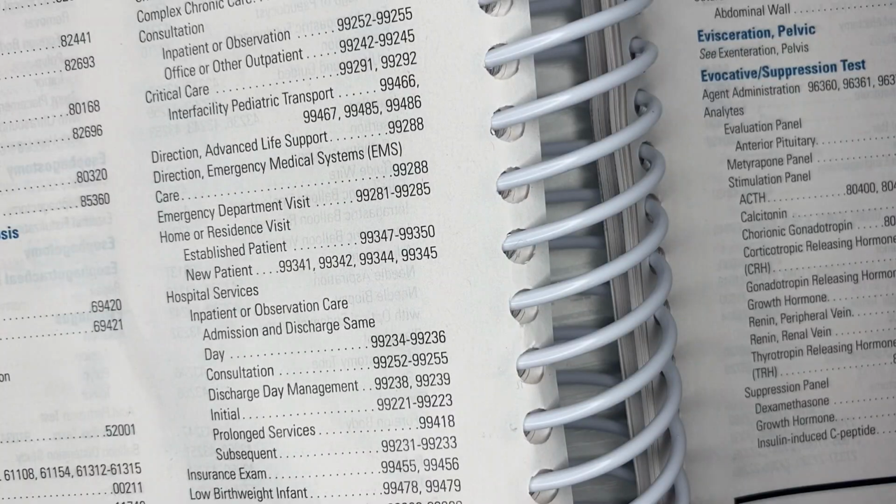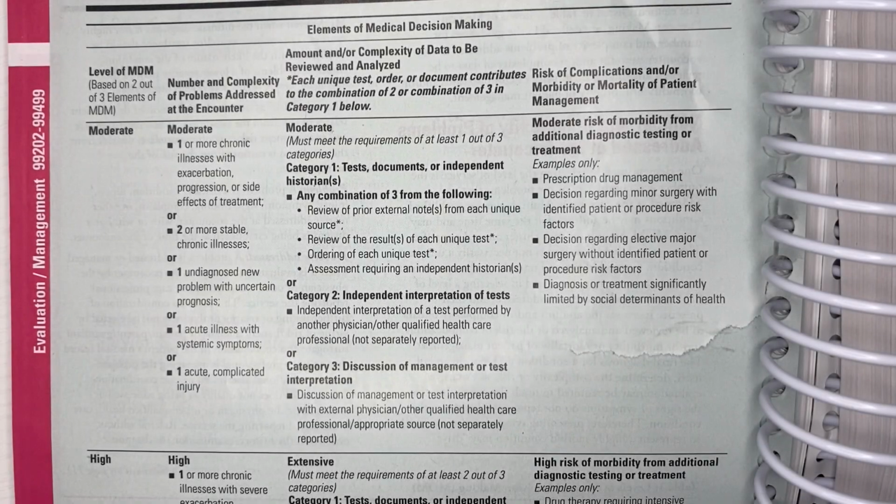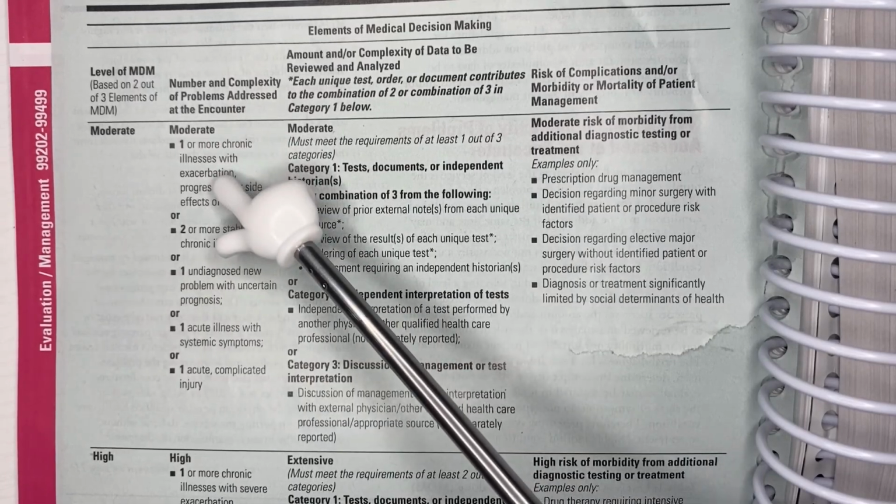But before we go to the tabular, since we're coding by medical decision making, we're going to take a visit to the beginning of the book and start off looking at the table. Let's look at moderate, and for moderate we're going to look at the number of problems addressed.